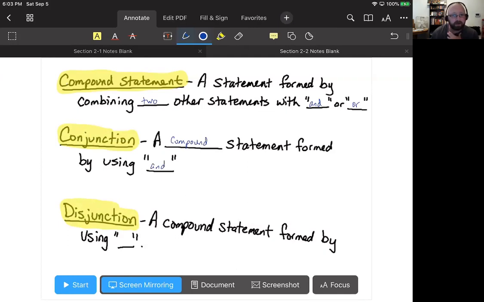This statement will only be true if both of the original statements were true. It's often known as an intersection as well.